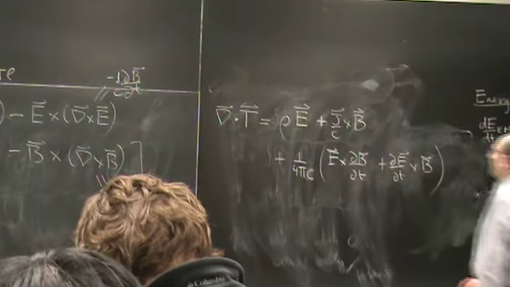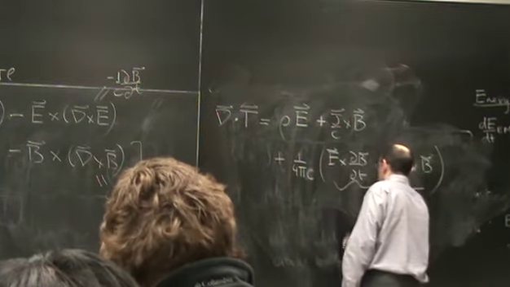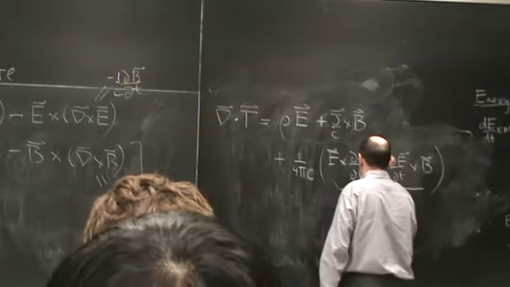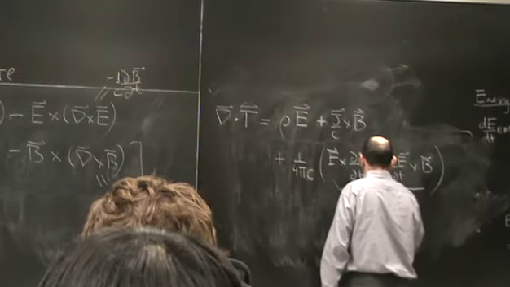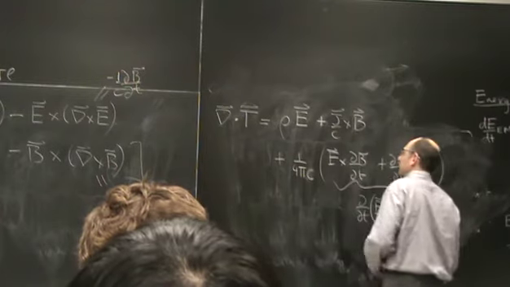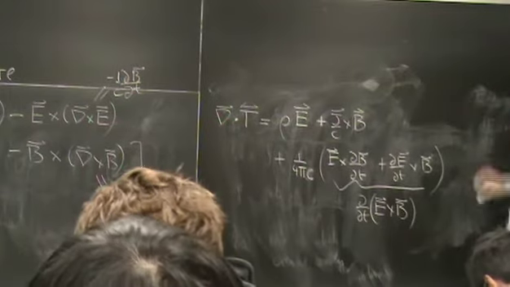Which says, so this is equal to d by dt of E cross B. So, what do we have here?